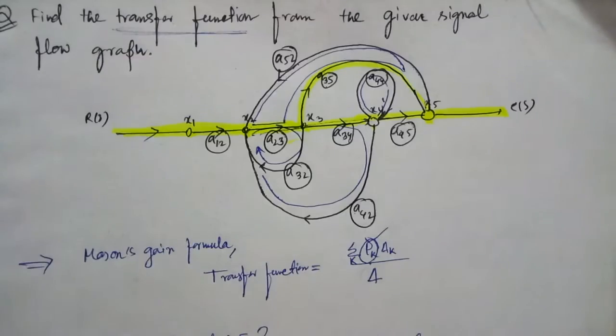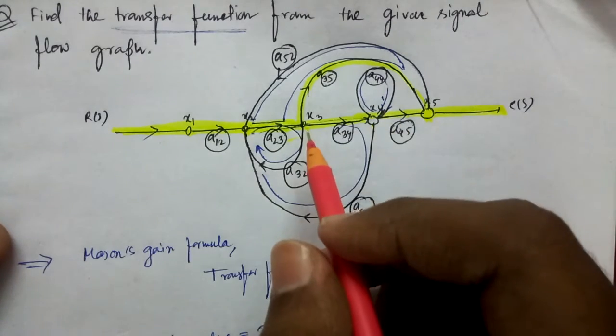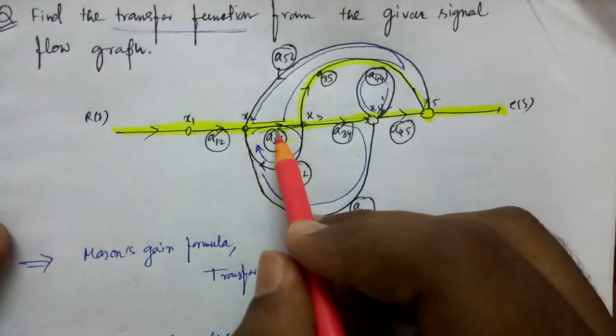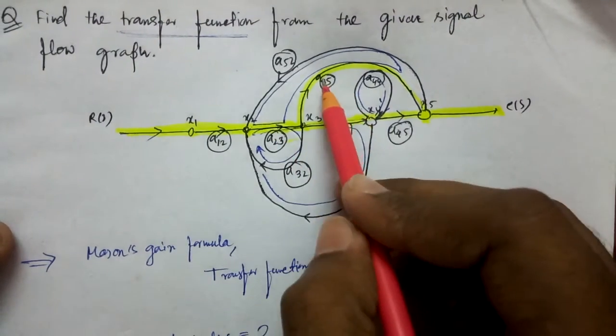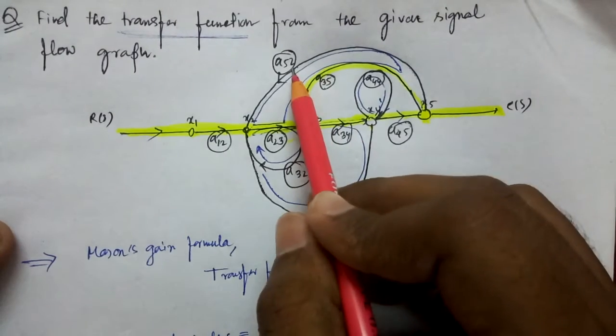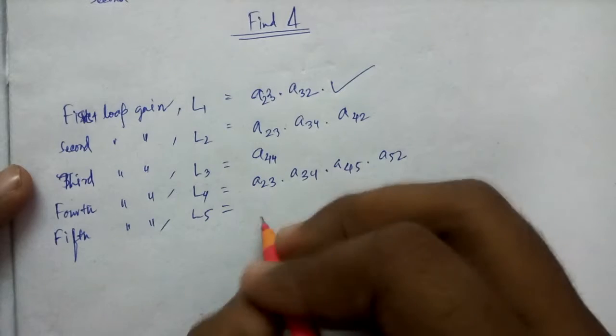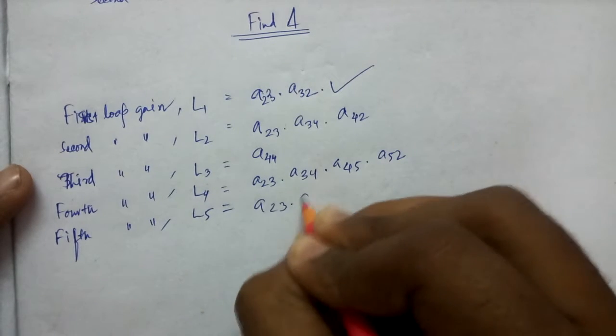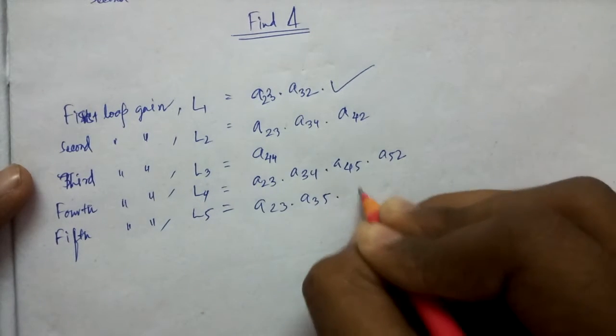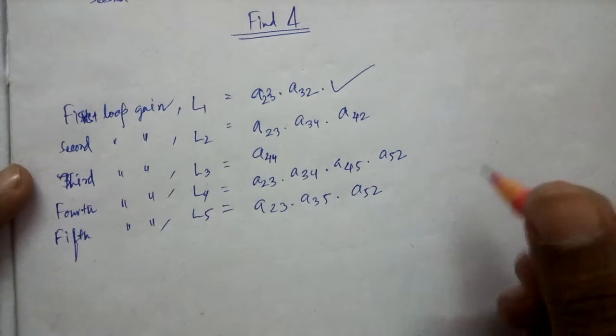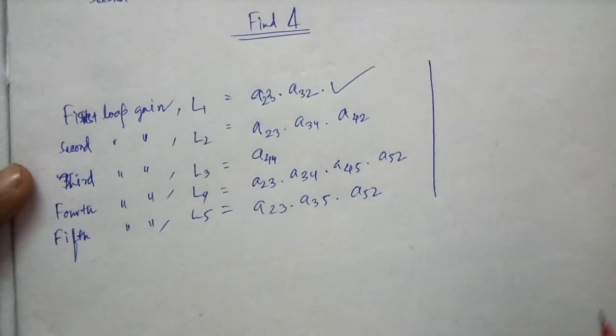And the last loop gain is a23 a35 a52. Let me write this all. Hence all 5 loop gains we have calculated.